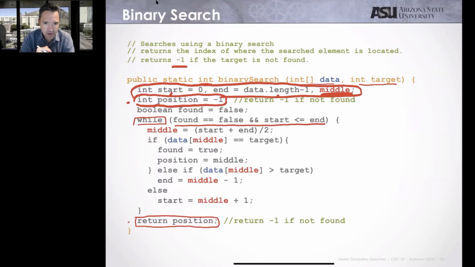The first time, found is false, so the negation is true, and the condition is going to allow the loop to continue. The second thing, as you noticed before, is that I want this loop to continue only if start goes first, before end.